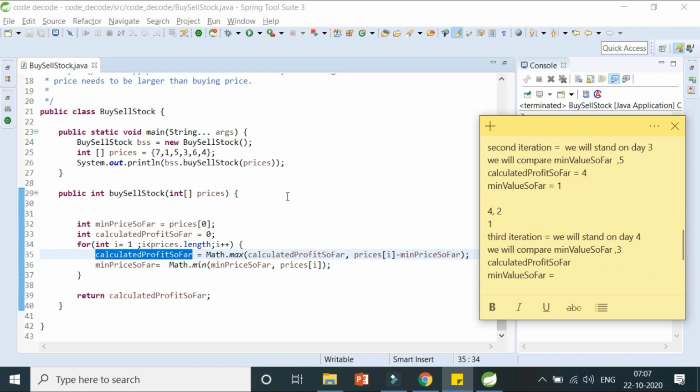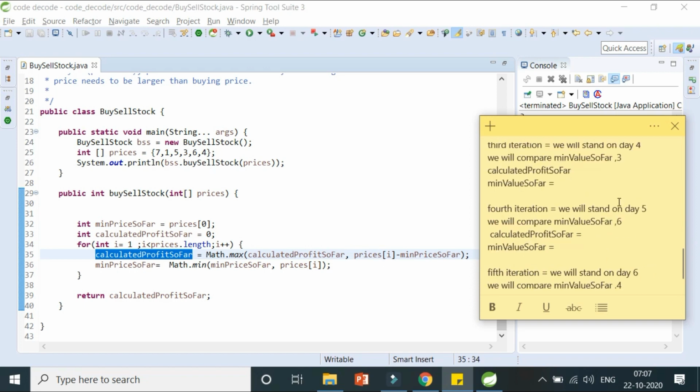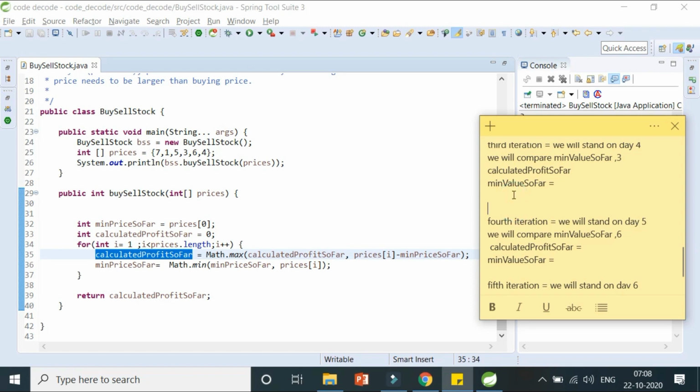So in the fifth iteration, that is on day 1 2 3 4 5, on day 5 we will stand on value 6 and here our profit would be again 4, but here the difference would be 6 minus 1, that is 5.